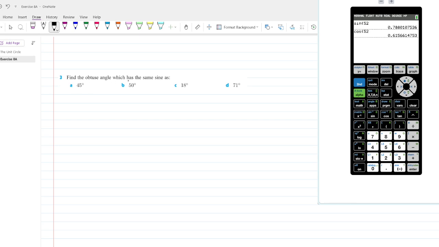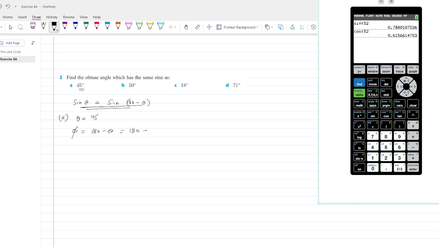Find the obtuse angle which has same sine as this one. We have just seen in a formula that sine theta equals sine 180 minus theta. Using this formula, we can calculate the obtuse angle for each one. So here theta equals 45, then the other angle, let's call it phi, must be 180 minus theta.